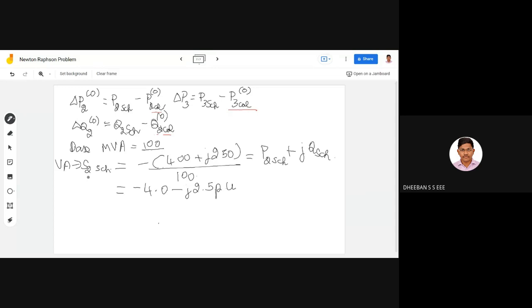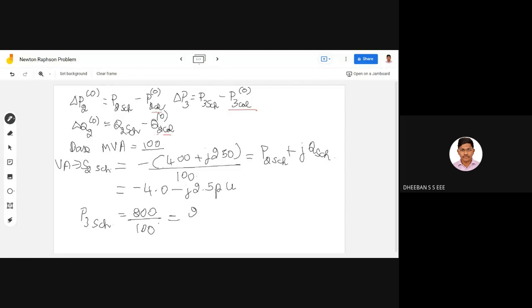And regarding your P3, P3 schedule you have to know. For the P3 schedule, the real power you have to consider is the one given in your PV bus. As per the question, the given real power with respect to your third bus is 200, and you have to divide by your base MVA value, 100.